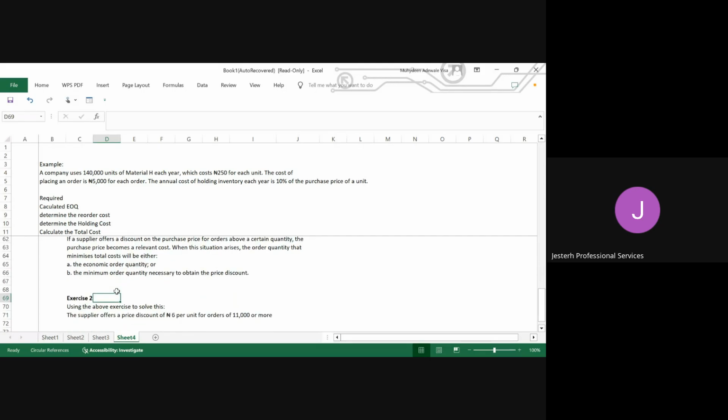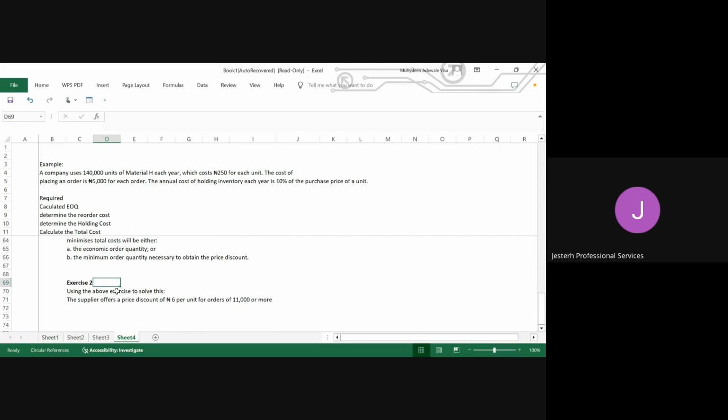Now, in relation to this question, the supplier offers a price discount of 6 naira to this company if they decide to order 11,000 units and above.